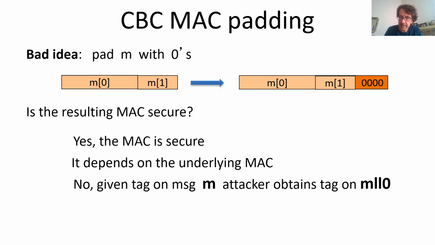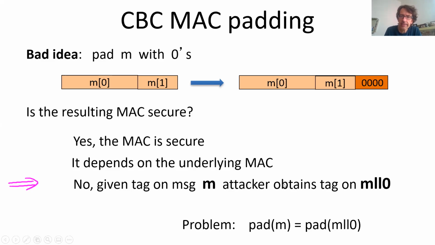If a bit string is interpreted as an integer, adding zeros at the end might be equivalent to multiplying a number by a factor of 2. If I send a message, please transfer $10 to my friend's account, I don't want him to be able to multiply it by a bunch of factors of 2 and obtain a valid MAC on the resulting message.